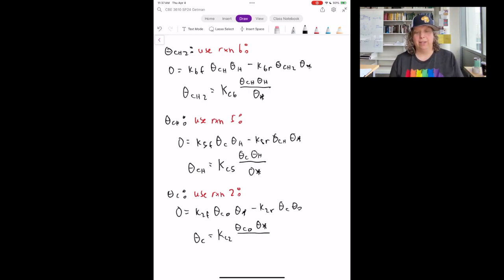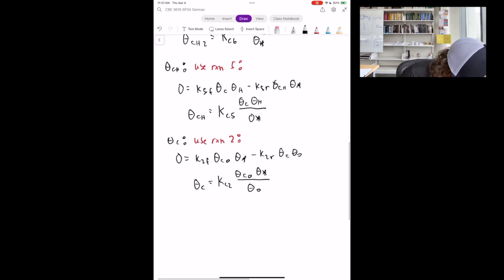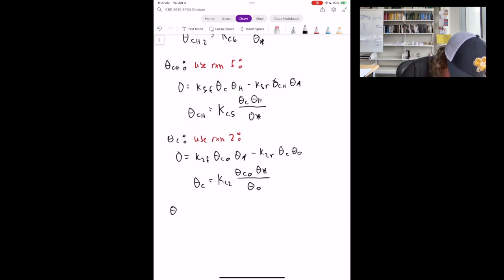Okay, so now I need theta CO and theta O. I'm going to try for theta CO first because that one is relatively easier. I'm going to use reaction 1. So we'll say 0, K1F, CCO. Okay, so now we're getting somewhere.